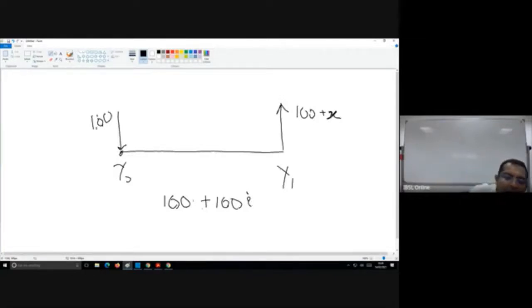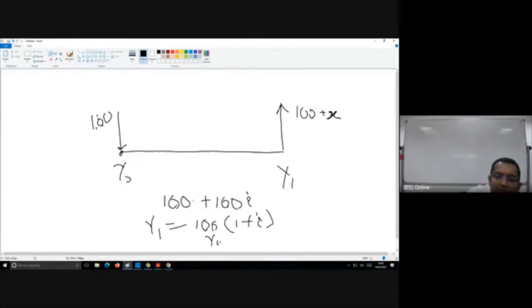You can take out both of these, which is 100 into 1 plus I. That will be the year 1 value. Year 0 value is this, right?